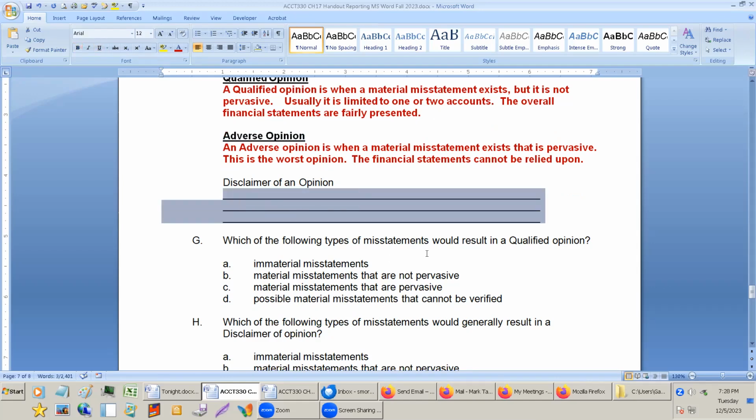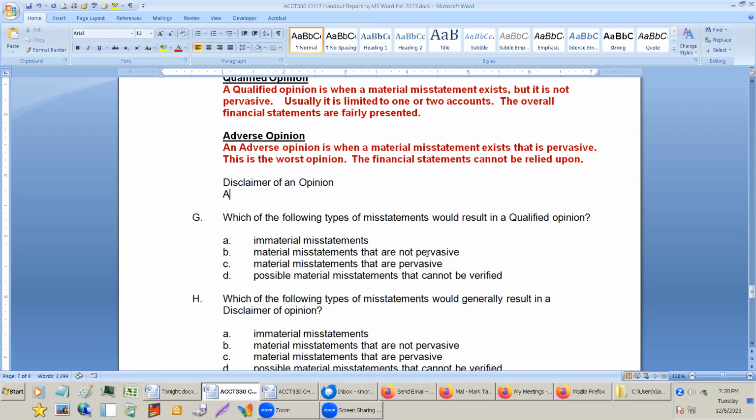Statement of opinion. Sometimes it's called a disclaimer.